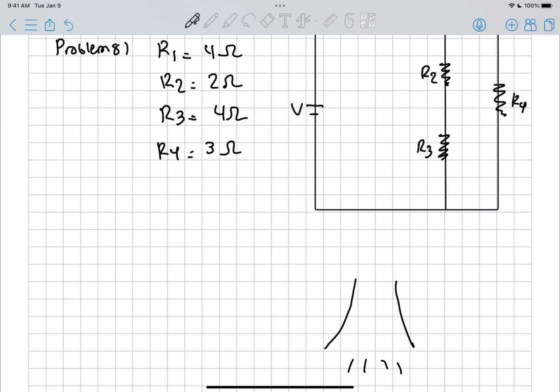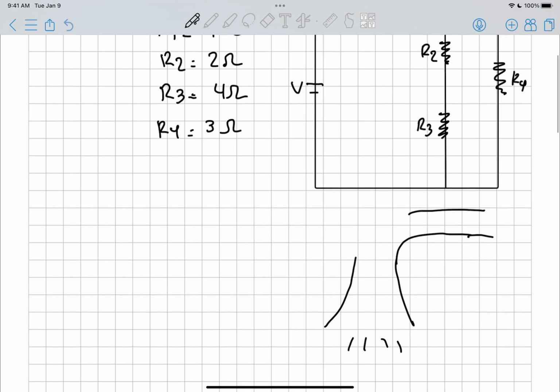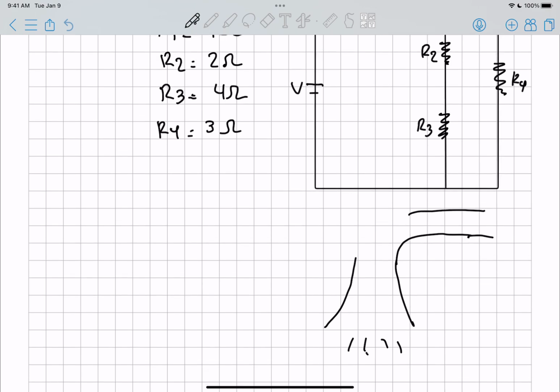Now the idea here is that as you go up this trunk and go through different branches, you're going to be encountering different resistors. So as you go up the trunk, you might have a branch that goes like this. This is a normal branch, just a regular old branch, no extra branches coming off of it, right? So here is the battery, this is your voltage, right?